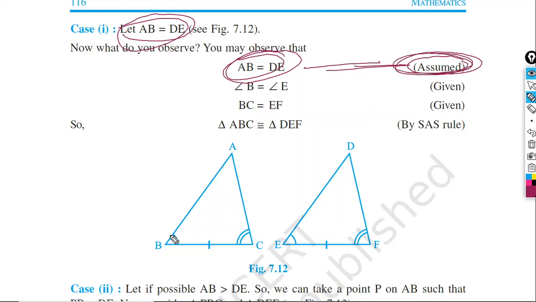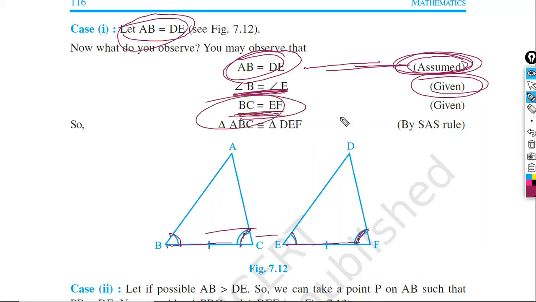Now it is given to us angle B equal to angle E. It is given to us. And angle C equal to angle F, but we will not take this angle. We will take BC equal to EF. This is also given to us.